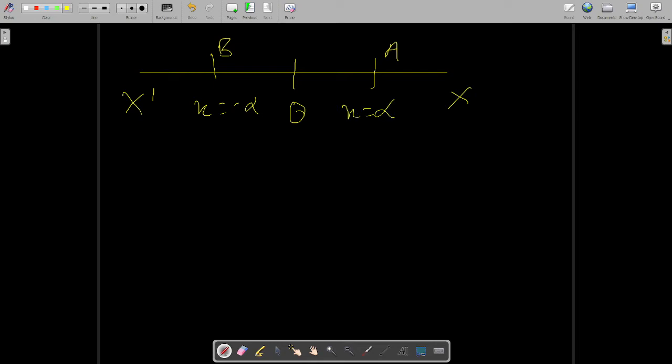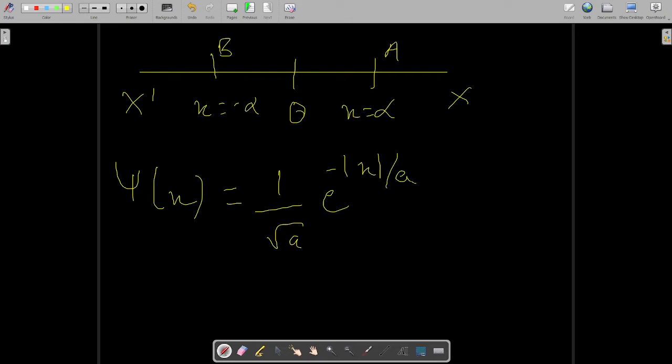Now we have been given the wave function like this: 1 upon root a, e to the power minus mod x divided by a. So we have to find the probability of locating the particle in this region.